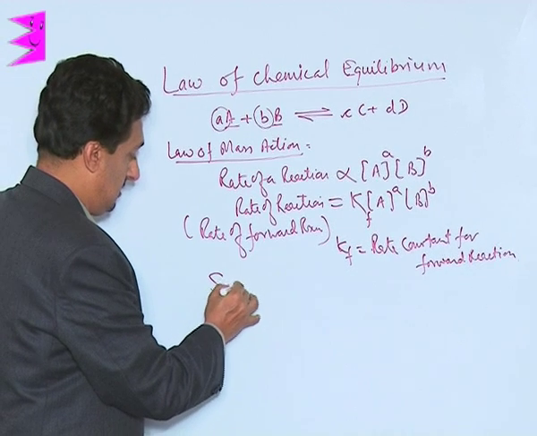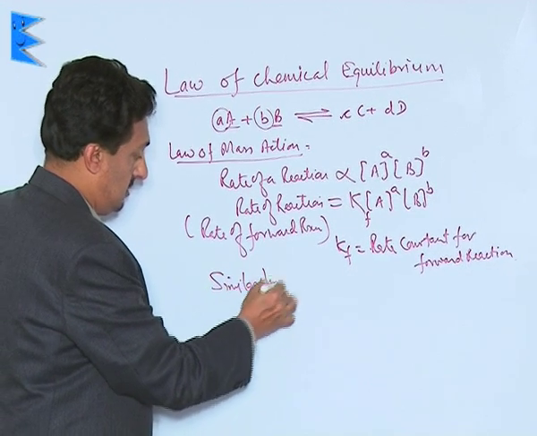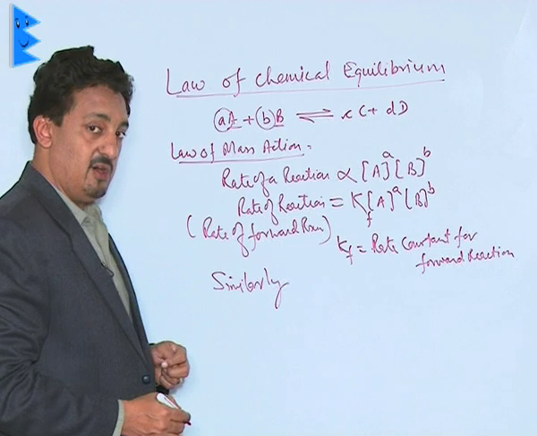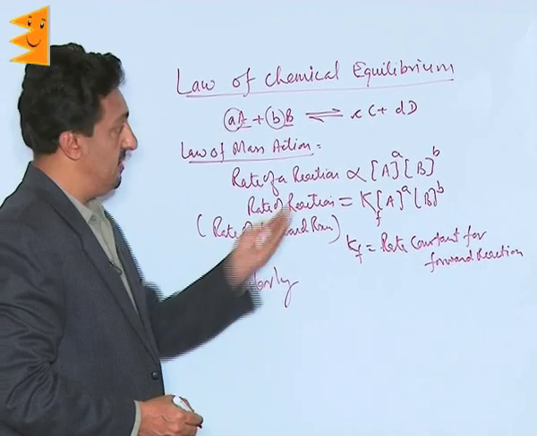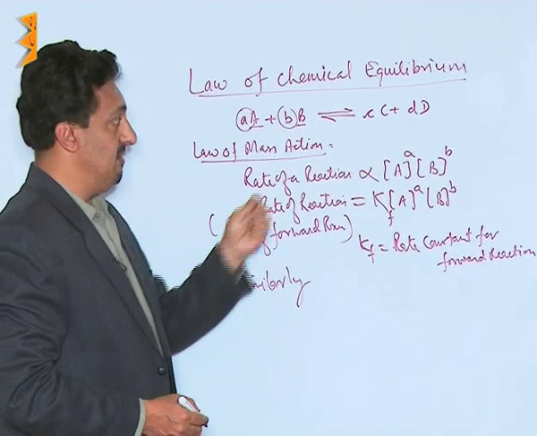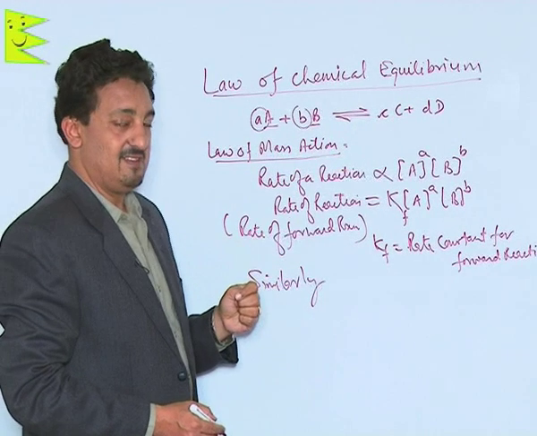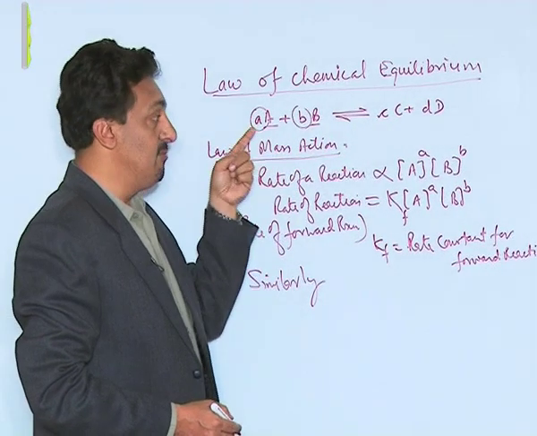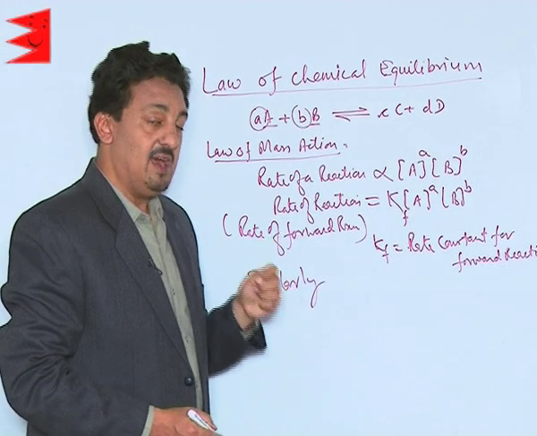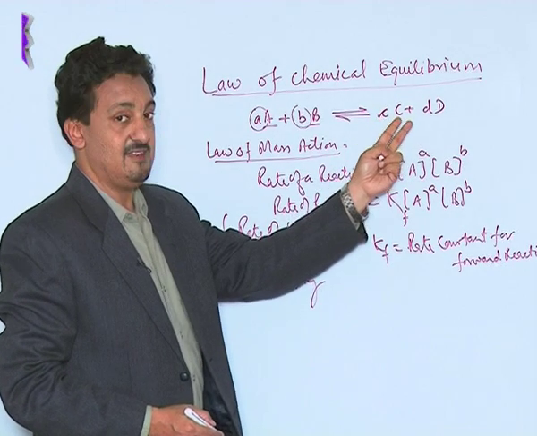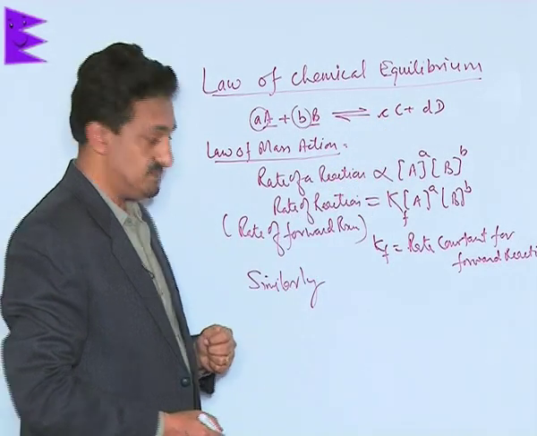Similarly, we can write the expression for the rate of backward reaction, because once we know that equilibrium exists in this reaction, the reaction will be moving in the forward direction, as well as the reactants will be reacting with each other and forming the product also.